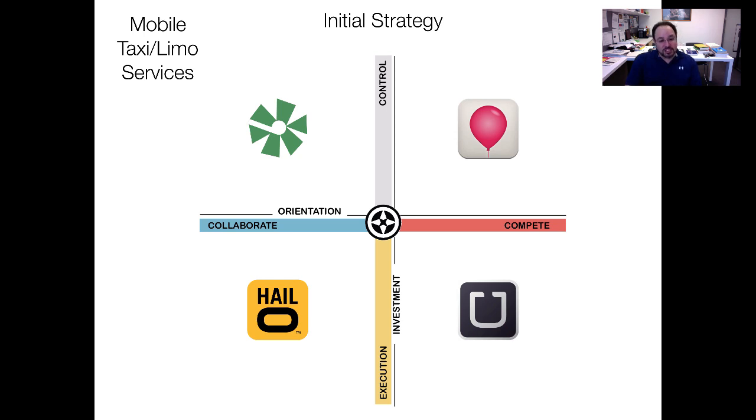And then we had Winston up the top there, which you wouldn't have heard of, but it's a Canadian company that was providing back-end services to run the mobile taxi limo dispatch stuff for existing cab companies. Okay, and the difference why Winston was more in control is that it was trying to be the sole provider there. Hailo were just trying to be the best app for taxi services. Okay. So we had these companies following those different strategies.